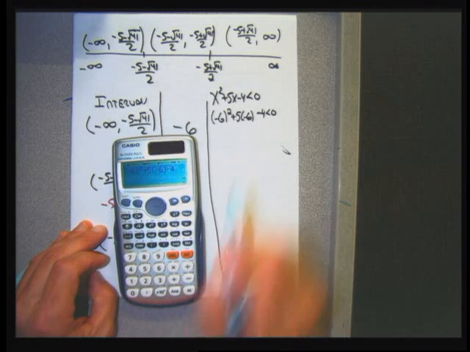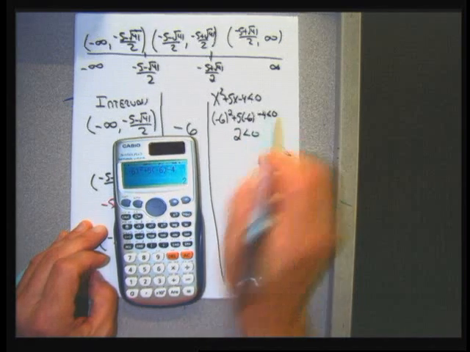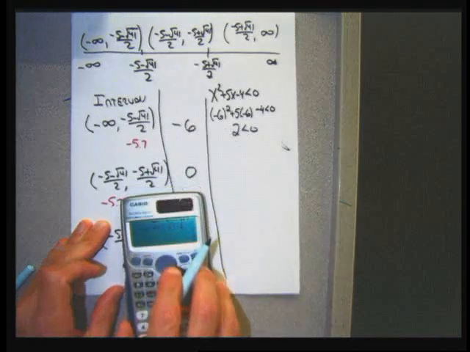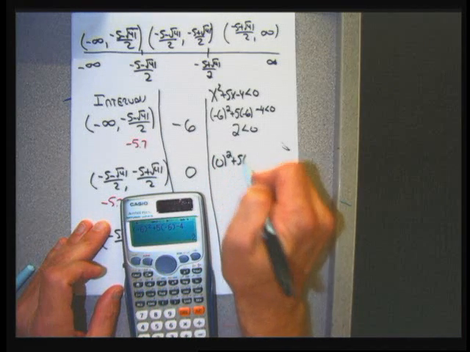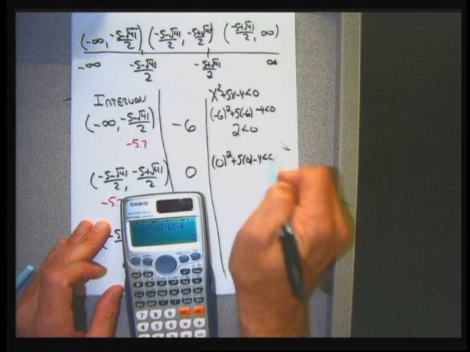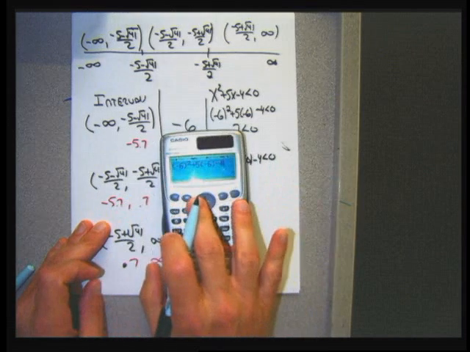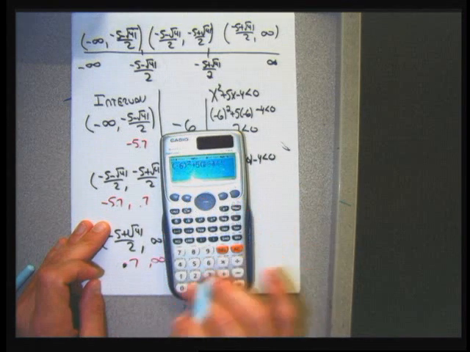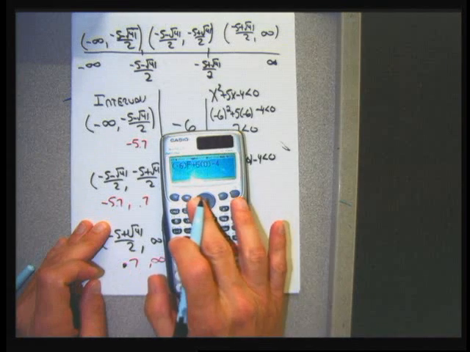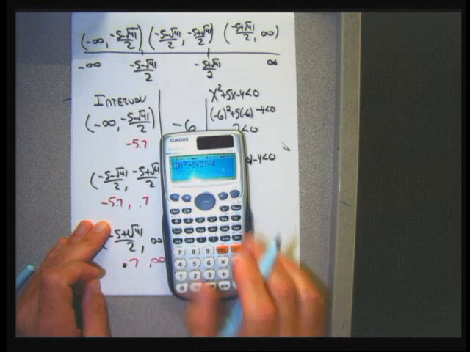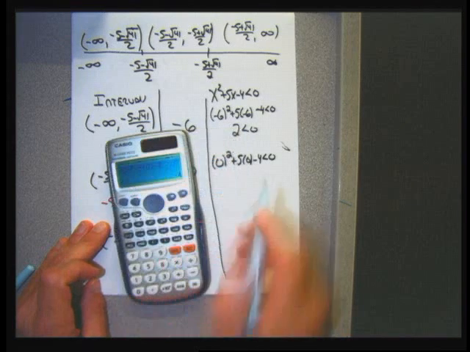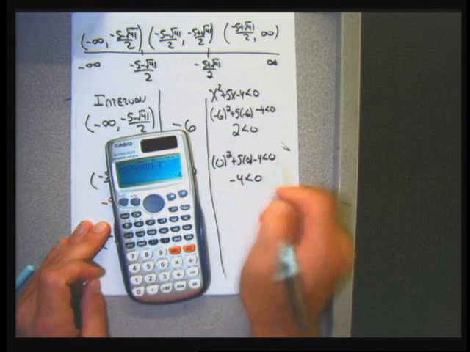And that gives me 2 is less than 0. That's false. The next one I'm going to do 0 squared plus 5 times 0 minus 4 is less than 0. So back up into here, delete, delete, back into the other parentheses with the negative 6, and get 0 squared plus 5 times 0 minus 4. That gives me minus 4 is less than 0.